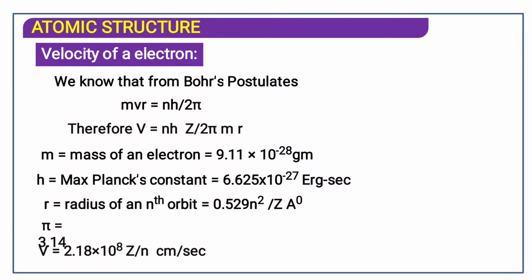This formula we have to use, and the value for v has been given as 2.18 into 10 raised to 8 Z upon n. This is in centimeter per second after substituting the value.